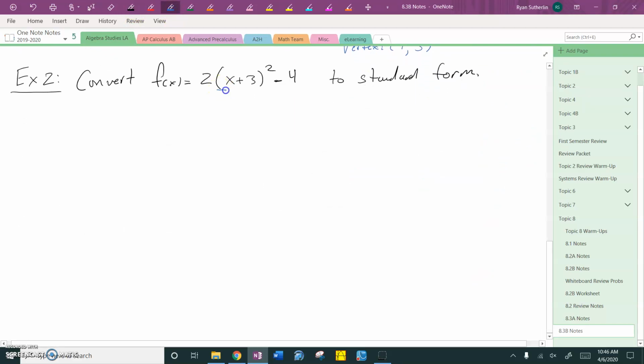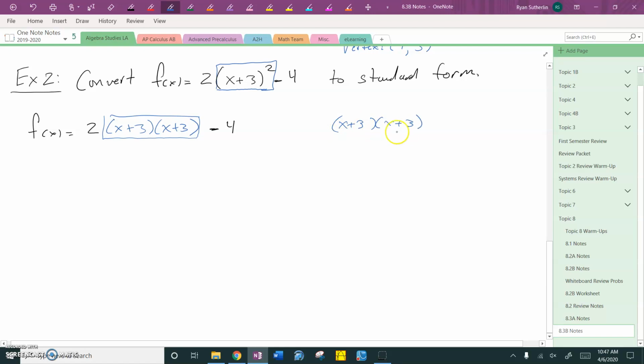So the first thing I always do with these is I take care of that guy squared, the x plus 3 squared. Remember, what that really means is x plus 3 squared, which means x plus 3 times x plus 3, and then I have the minus 4. So in order to make this a little neater, I'm going to do that multiplication over to the side again like I did last time.